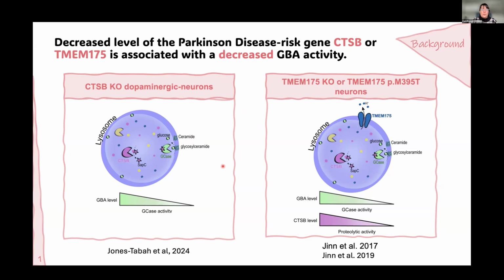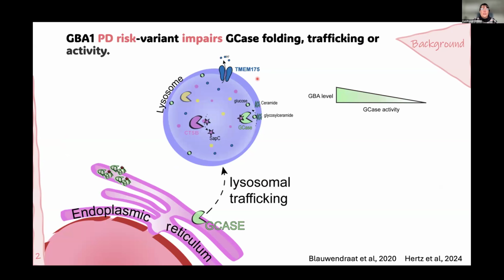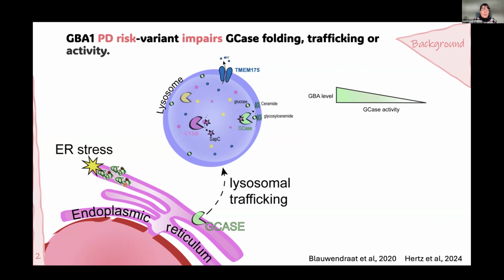So we were interested to work on those PD risk genes. And also for GBA, as you know, the PD risk variant also impairs the GCase trafficking to the lysosome and leads to a decrease of GCase activity. And the unfolding of GCase leads to an accumulation, which leads to ER stress.